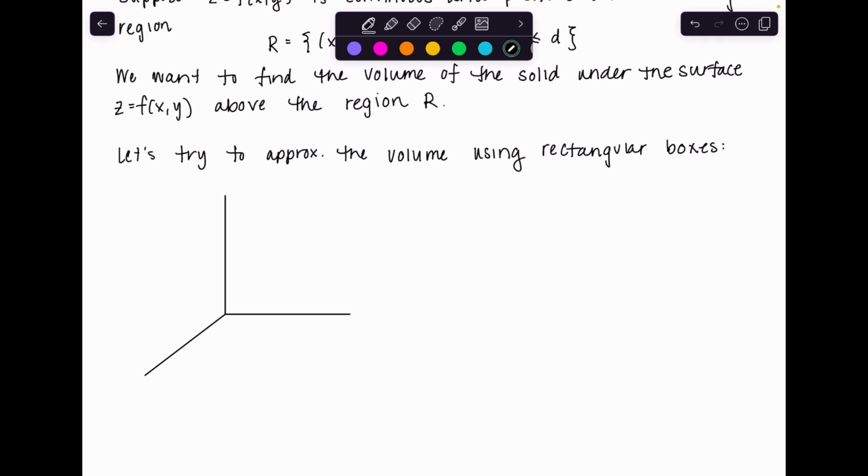So here is our 3D coordinate system. I have some rectangular region here, so it's got nice bounds, because if we make these complicated, then it is much more difficult. And so this is our region R that we're trying to find the volume on top of.